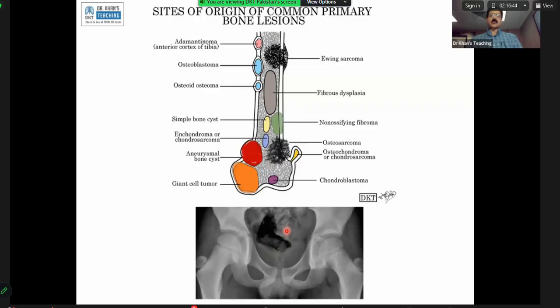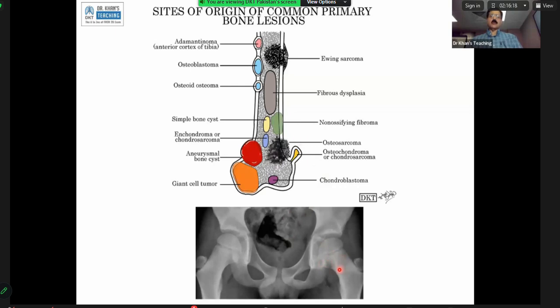Other than this, you did consider differential diagnoses. You mentioned that a lytic lesion in the metaphysis can be ABC. You did consider this. You did consider non-ossifying fibroma. But the key point was that this lesion, an aneurysmal bone cyst, will not have this marginal sclerosis.